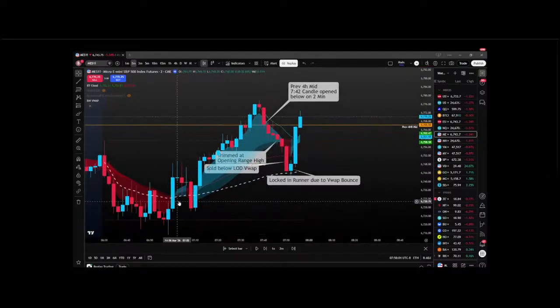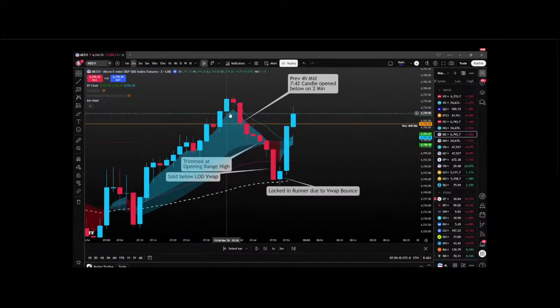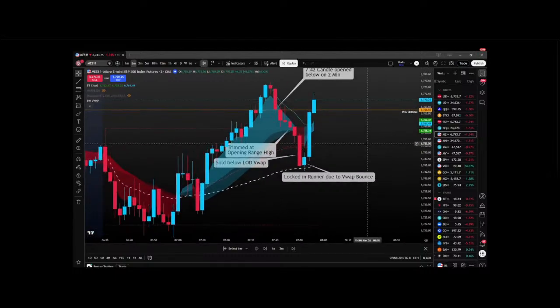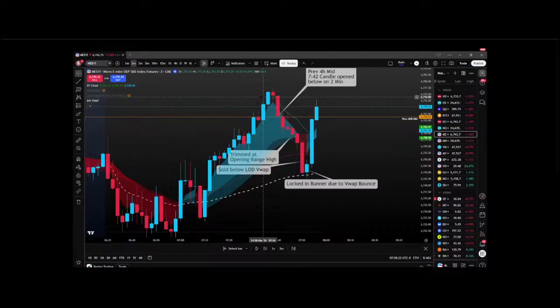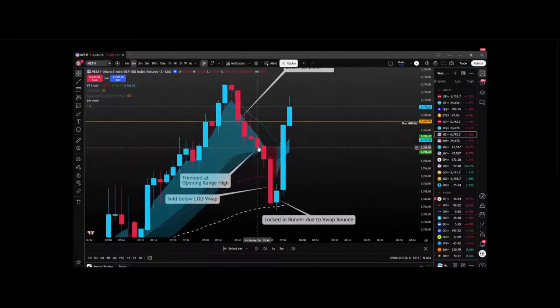We're already way above VWAP, so if we got a pullback, I would enter on shorts, which we did. I know you guys wanted me to go over this chop zone. It was pretty choppy, but I got in before we started getting the major chop. We had one direction, and I'm going to take at least a move down.